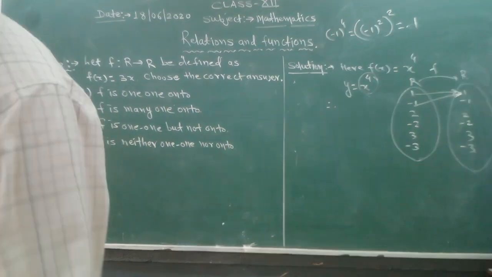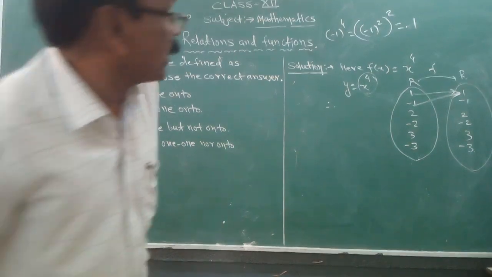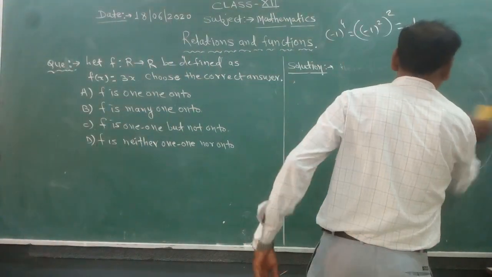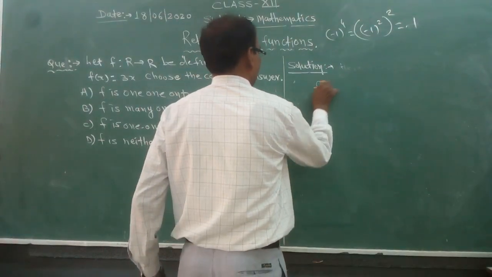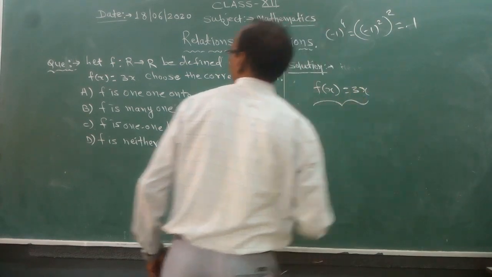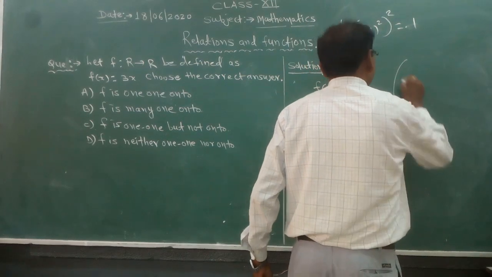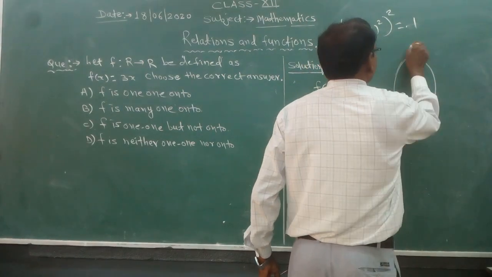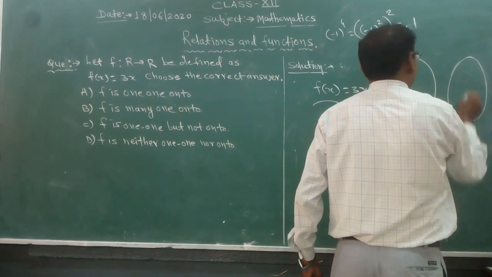So see, here f of x equal to 3x is given, and this function is defined on two sets, that is real number to real number. Means you are having all real numbers here, and here also you are having all the real numbers.